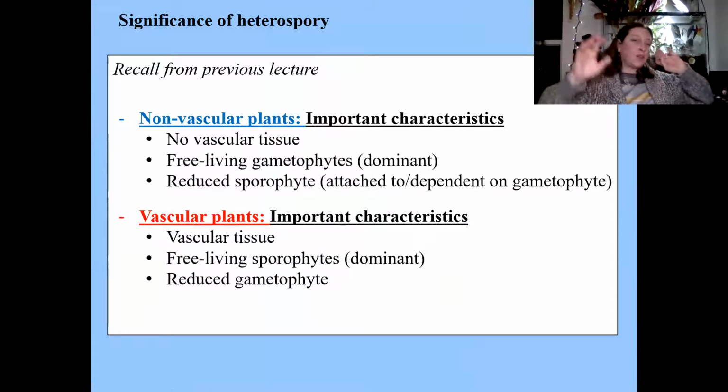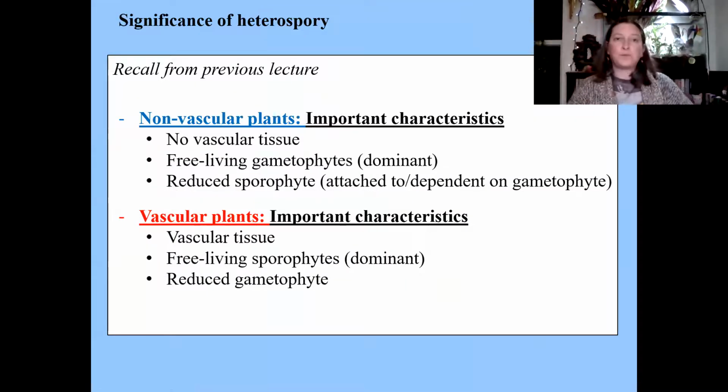So I really want to hit this home about why it's such a big deal that now we have heterospory. This is a big deal in terms of the evolution of plants. So recall from the last lecture, lecture 5, recall that these are the important characteristics of the non-vascular plants and the important characteristics of the vascular plants.